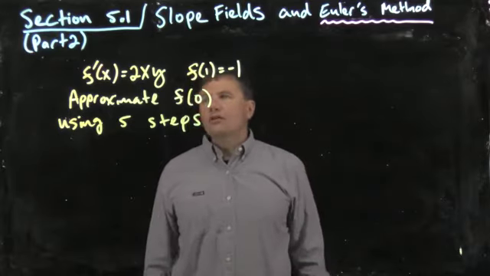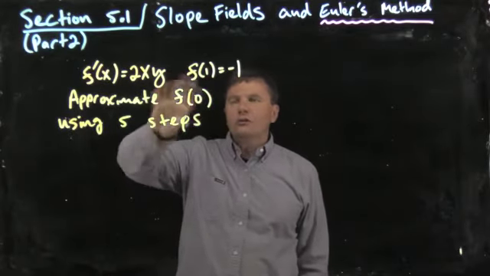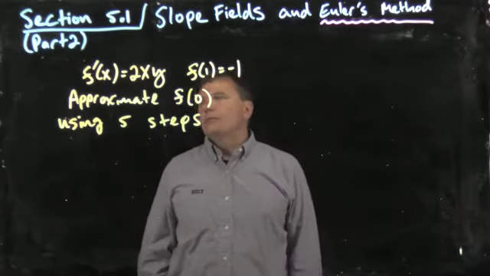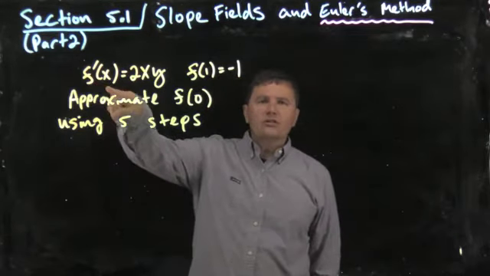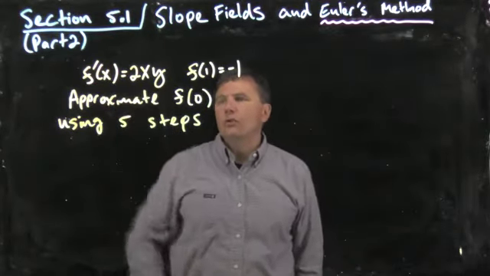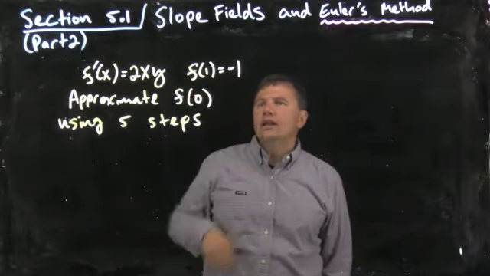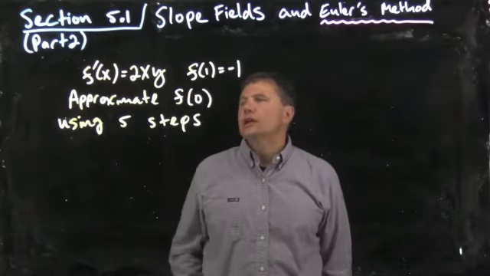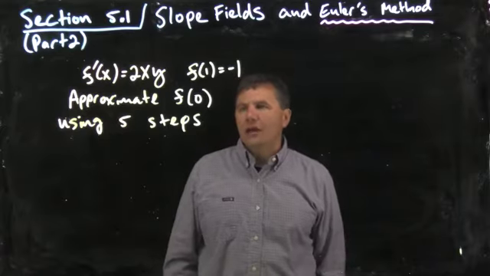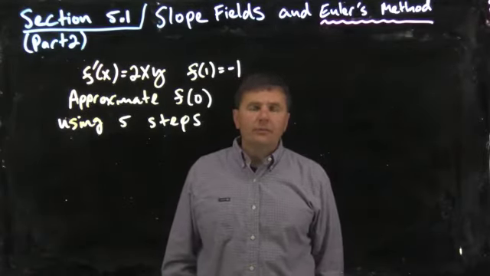Okay, so here's another example. I use slightly different notation, and I also put a little hiccup here. Here's our differential equation expressed as f prime of x equals 2xy. We're given f of 1 equals -1, so that's our initial condition. We want to approximate f of 0, and we're going to use 5 steps.